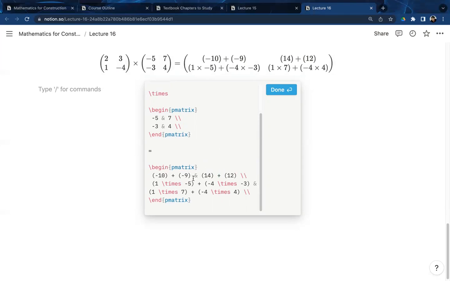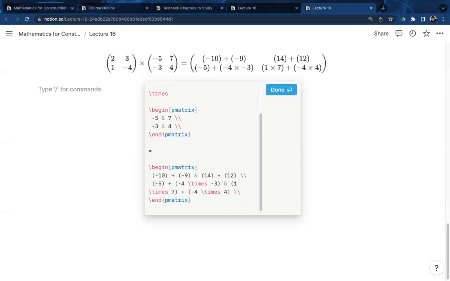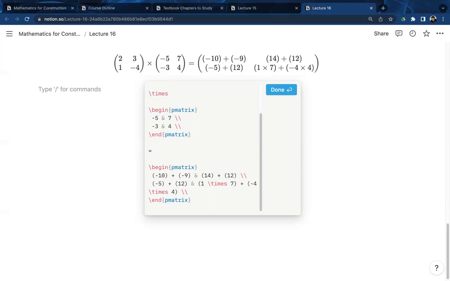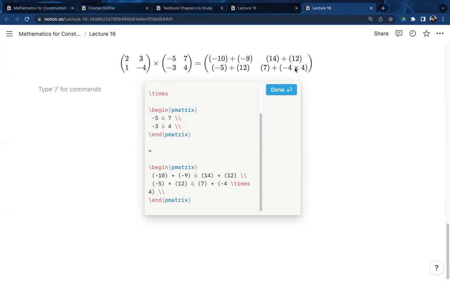This is negative 5. Negative 4 by negative 3 has plus 12. Let's try 12 there. This is 7. And this is negative 16.